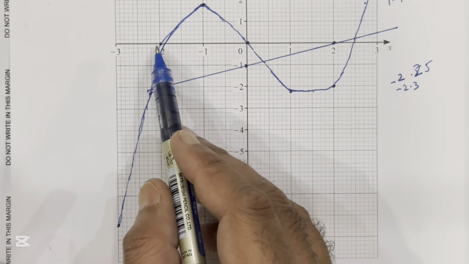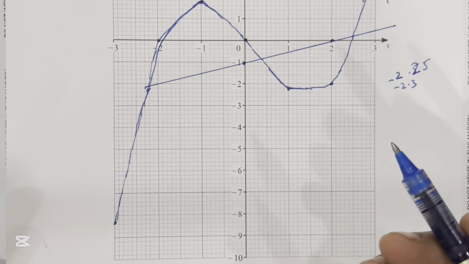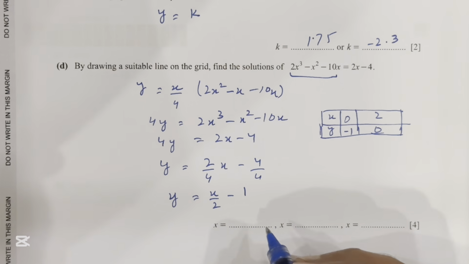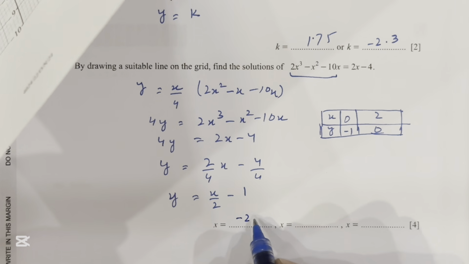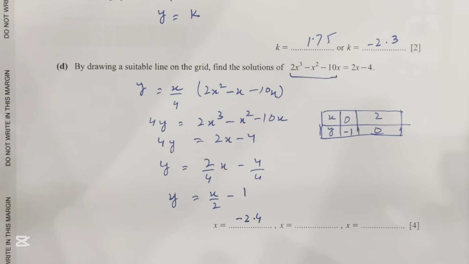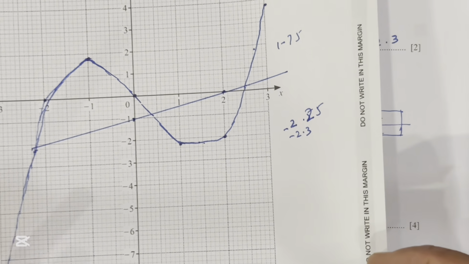You can see that the x value is 2.1, 2.2, 2.3 or 2.4. You can write 2.4 or you can write 2.65. That depends upon the accuracy of your graph.